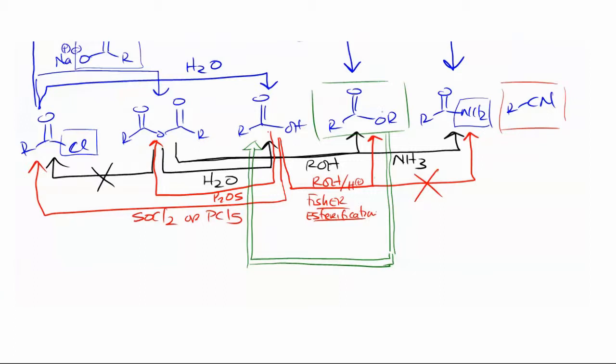So what do you think we would have to drop in to get here? H3O+, of course. Perfect. Heat. Then we can produce this again using transesterification.